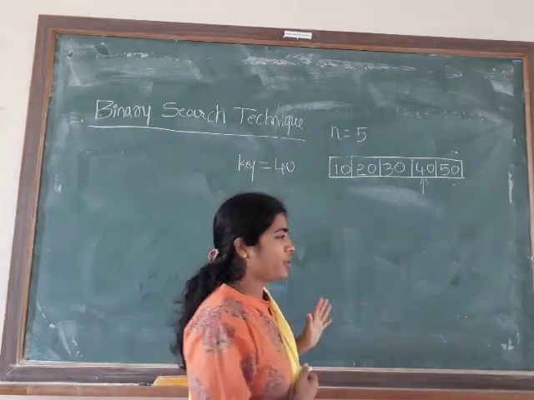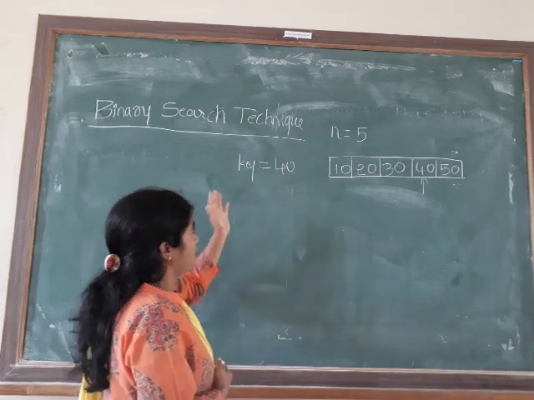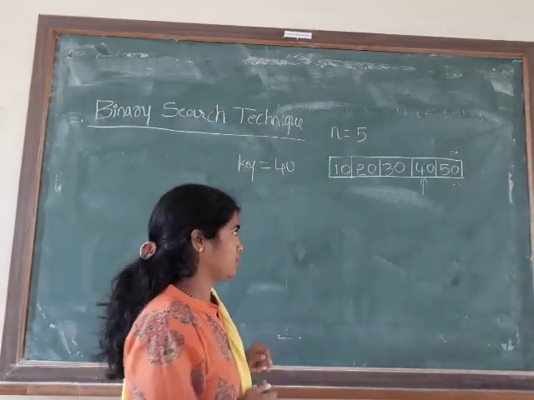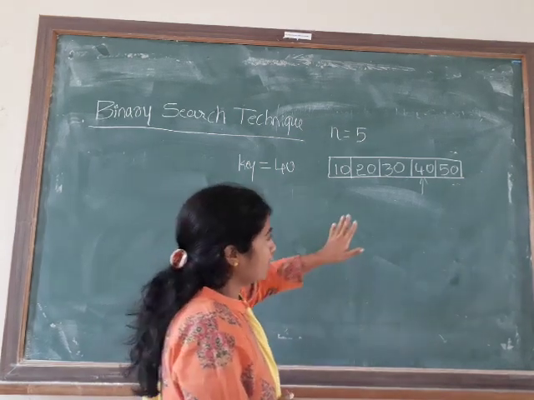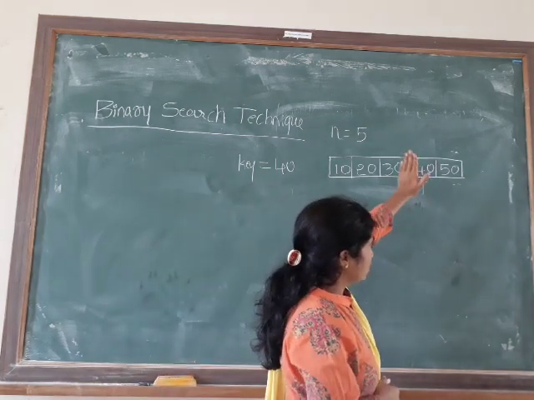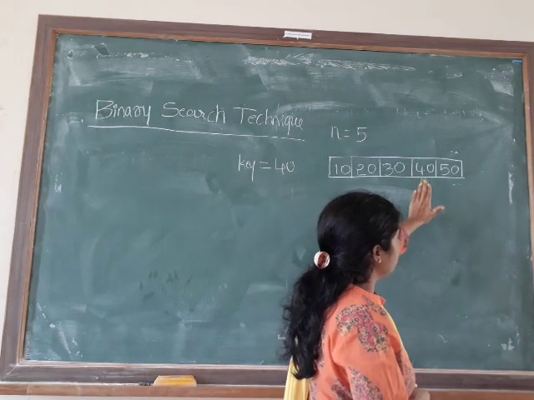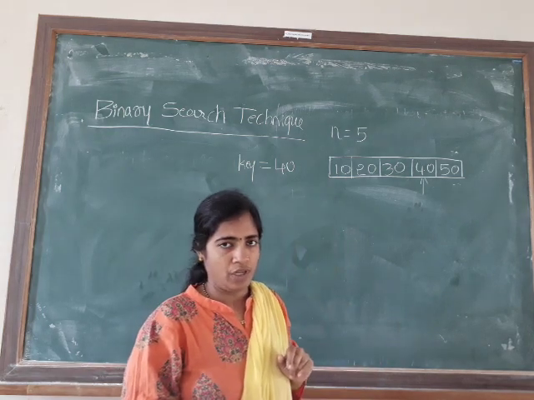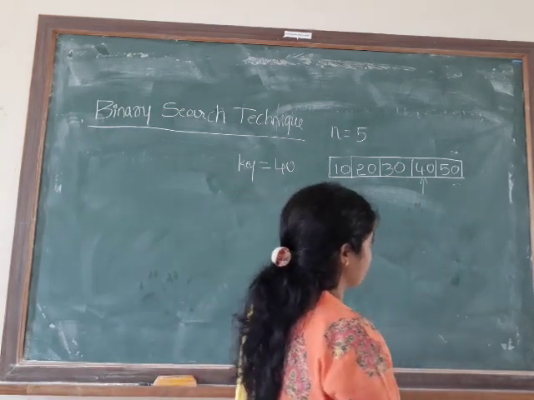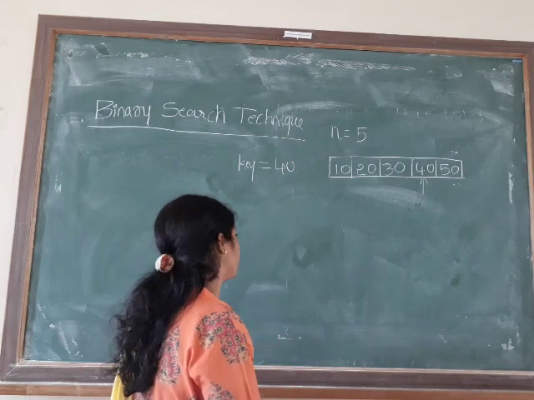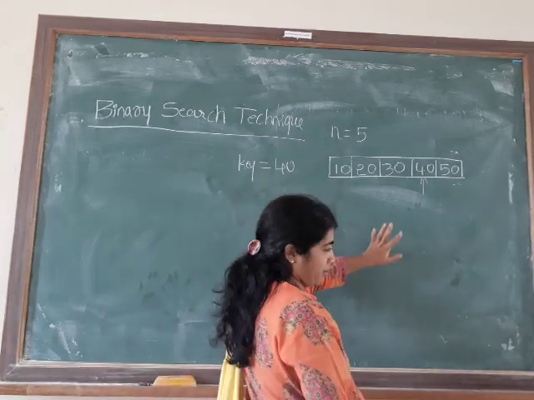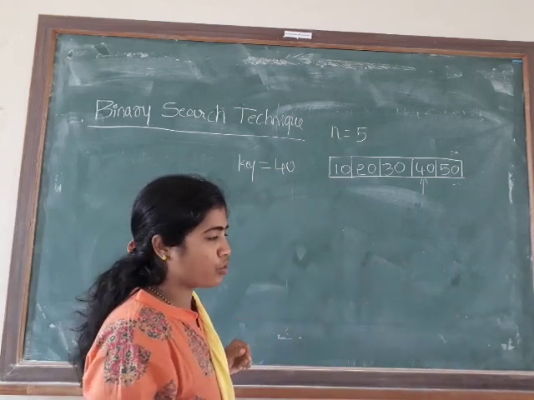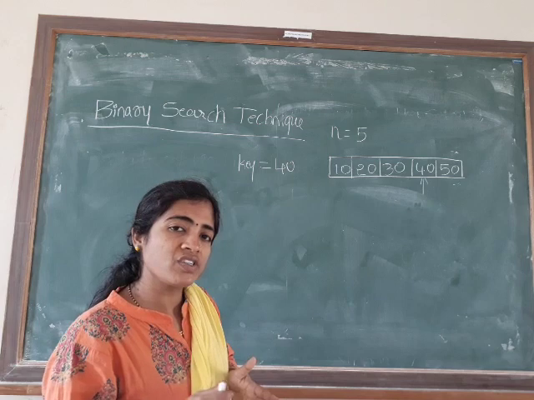We actually have many searching techniques. For our syllabus we have binary search technique, that's why I have taken this for today's discussion. Your program has to tell that the element 40 is found at the fourth location. Sometimes if I want to find the key element 10, it should produce the output in one click, that it is present at the first position.